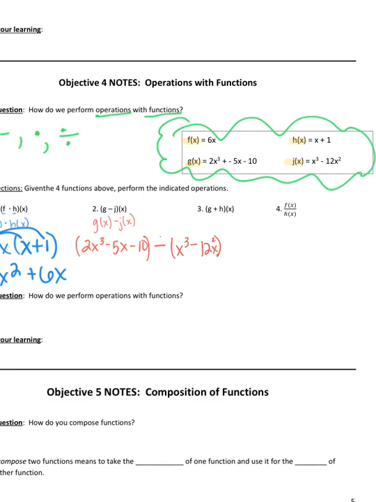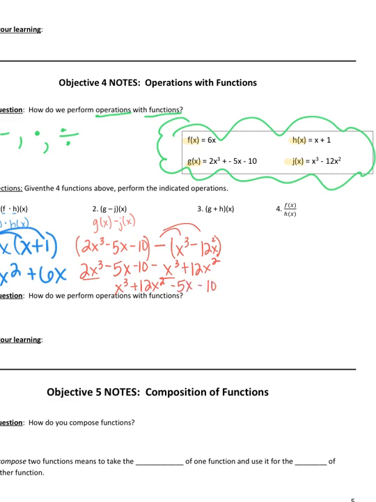All right, in order to subtract these, we need to distribute a negative. So we've got 2x cubed minus 5x minus 10 minus x cubed plus 12x squared, and then we're going to combine like terms. 2x cubed minus an x cubed is 1x cubed. And we only have one x squared term, so plus 12x squared, minus 5x for our linear term, minus 10.